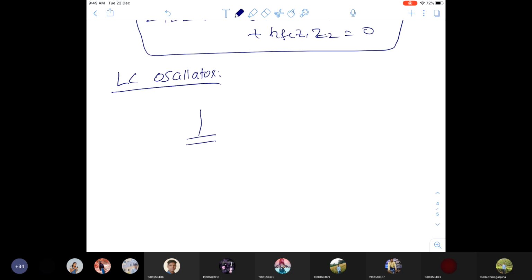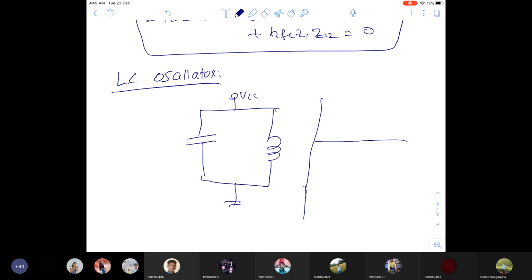This is the capacitor and this is the inductor, this is connected to ground, and this is VCC. You see the voltage waveforms across the inductor and capacitor are always out of phase.